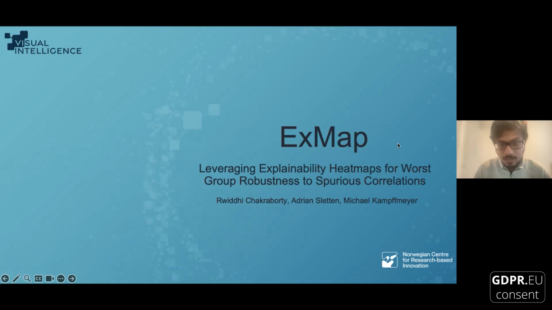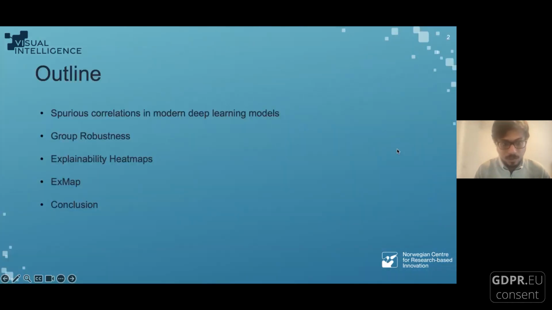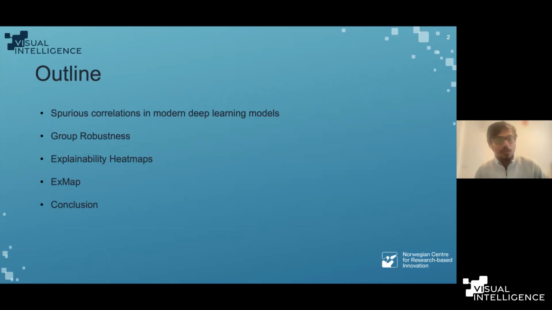And the outline of this talk will be the following. First, we will talk about spurious correlations in modern deep learning models, what they are, why we care. Second would be to talk about group robustness, what that research problem aims to solve. The third would be a brief introduction to explainability heat maps, so sort of model explainability techniques.